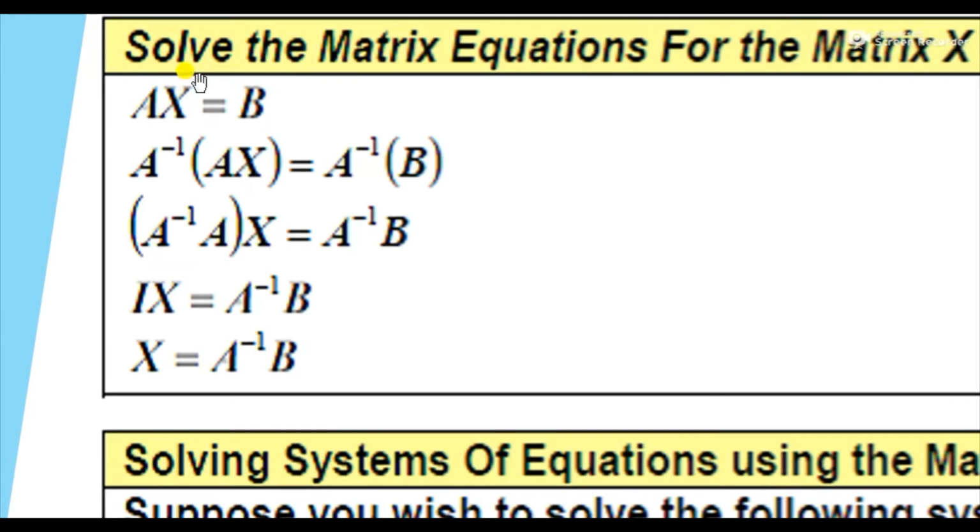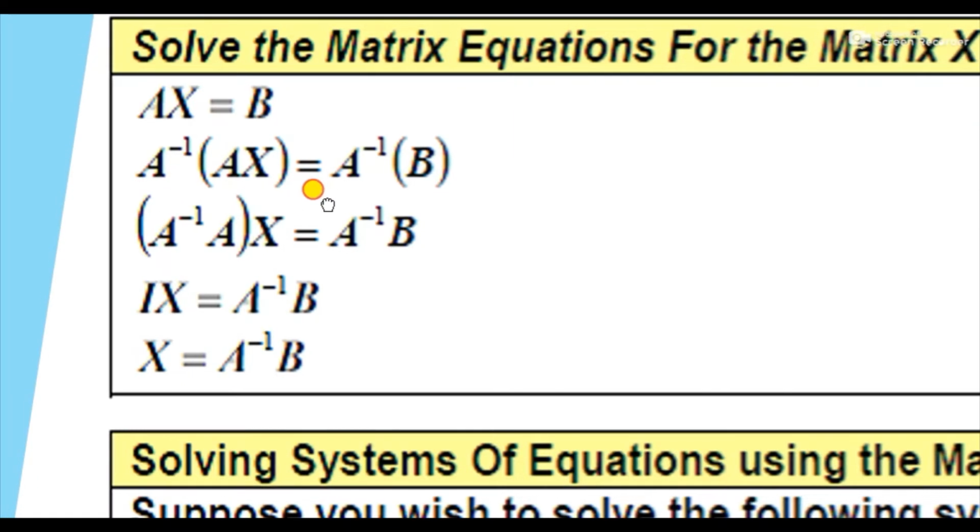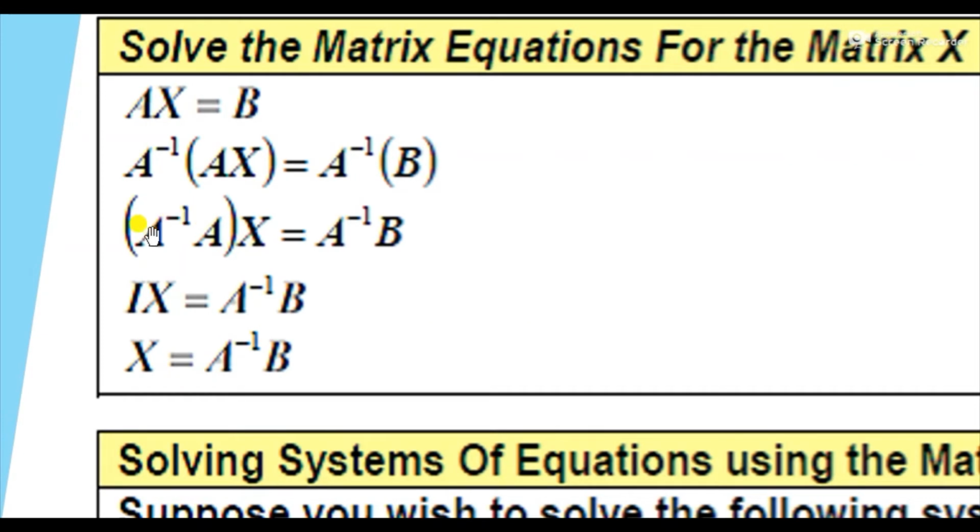Now this is the method to solve the matrix equation for the matrix X. Same as before, we take AX equals B. We need to multiply A inverse on both sides.